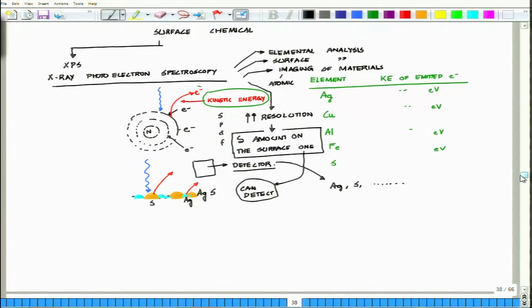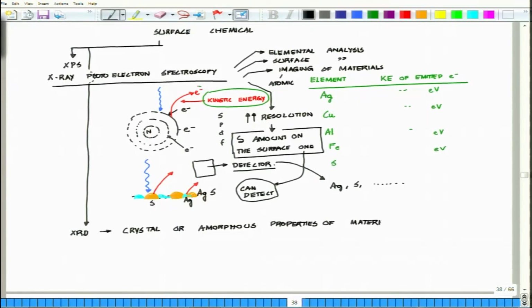Okay, the next in line after X-ray photoelectron spectroscopy is XRD, where you are detecting the crystalline or amorphous properties of materials, whether there are repetitive units or not.